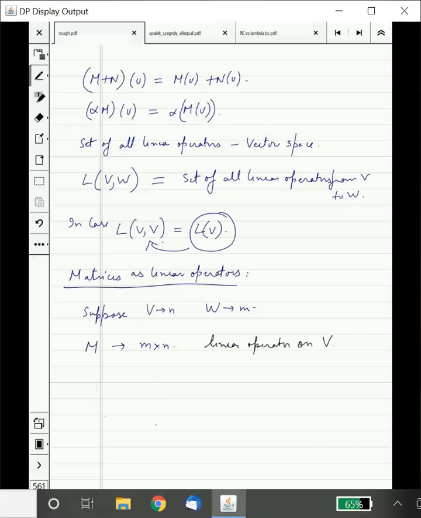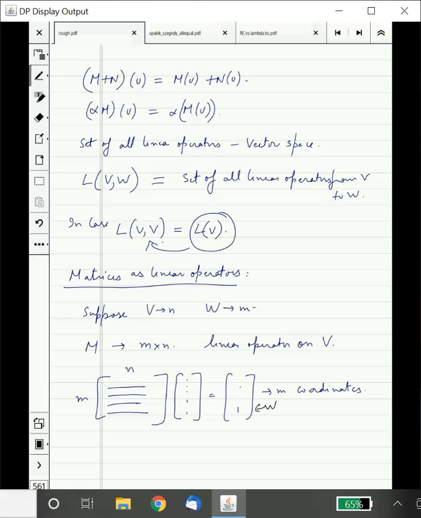Your M is like this. It has m rows and n columns. You pick a vector in V, you multiply, you will get a vector which has m coordinates, which can be thought of as a vector in W. So M is an operator from V to W.